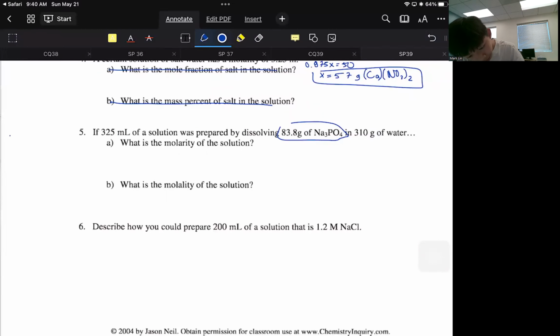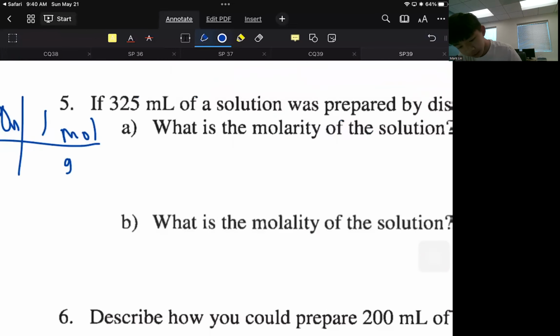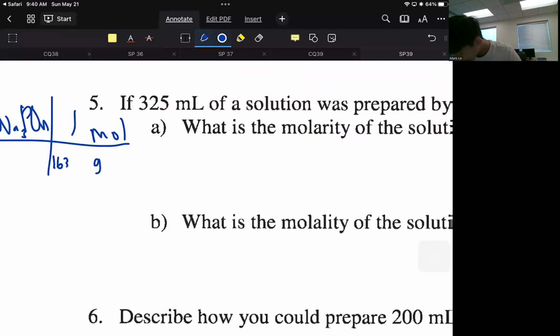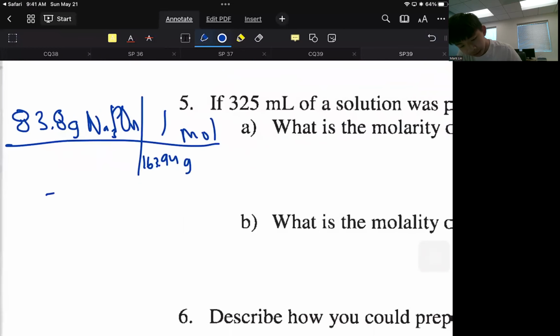For 83.8 grams of Na3PO4, you add everything together for the molar mass, which is 163.94. Divide this out and you get 0.51 moles.